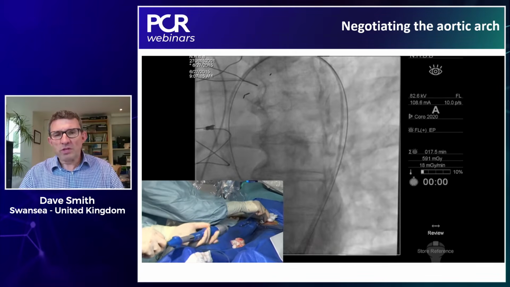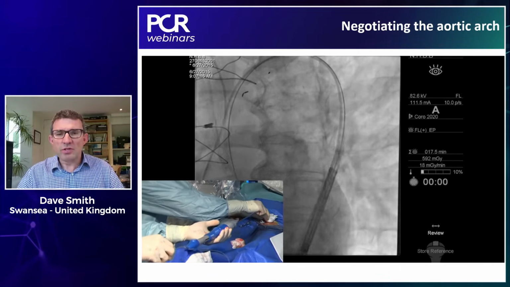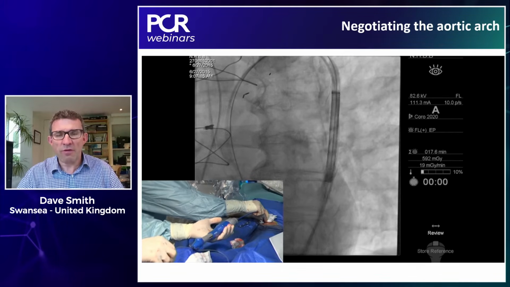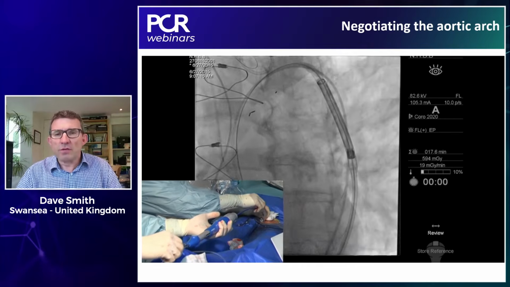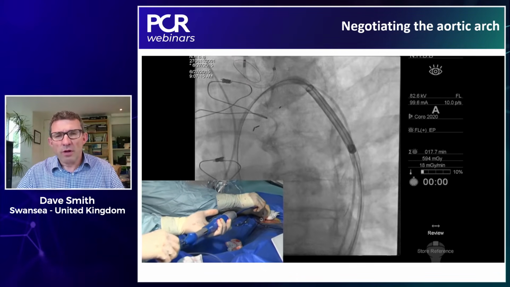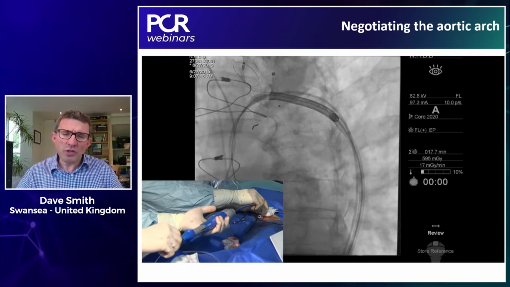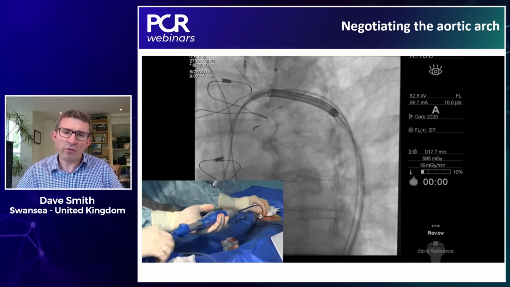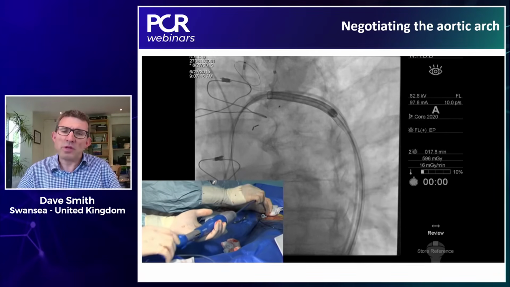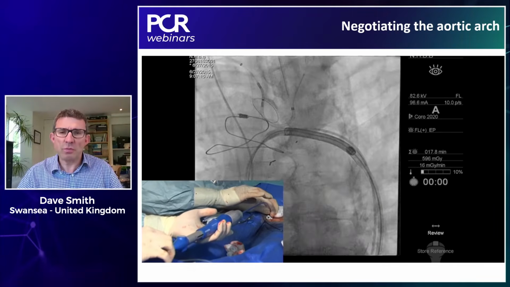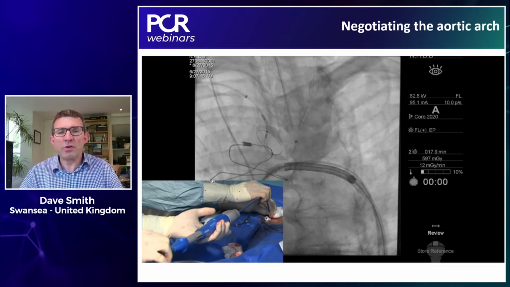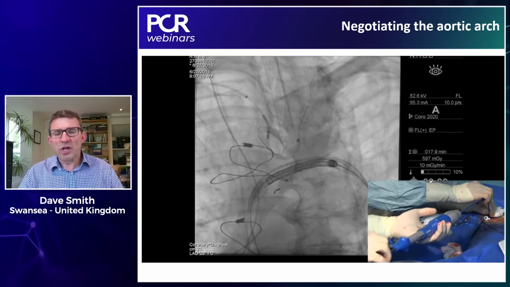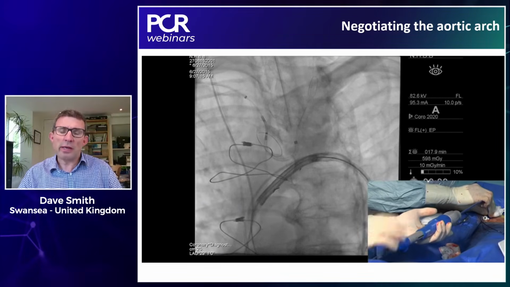But also, we mustn't forget that the greatest tortuosity we have to deliver via is actually the aortic arch. And this is an Evolut system which is being delivered via the aortic arch. And you can see the effect of a stiffer valve capsule and also perhaps a less flexible valve delivery system here. We have to deliver around a greater than 180-degree bend from descending aorta into the ascending aorta via the arch.